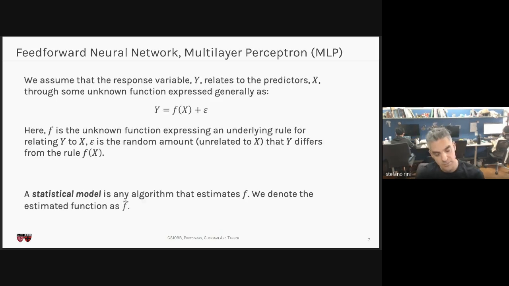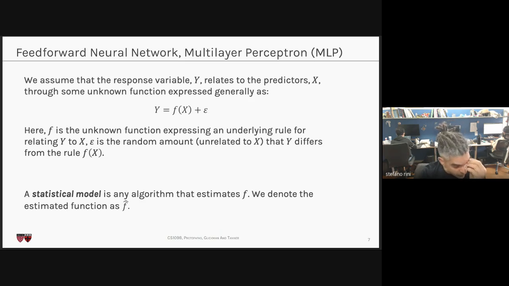Okay, so remember, let's go a little bit over the motivation. We discussed how we take this fundamental approach in which we say that the response that we observe is a function of the input plus some noise. And the algorithm that we choose embodies a certain set of functions f.